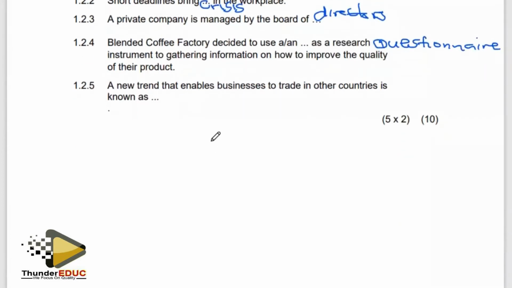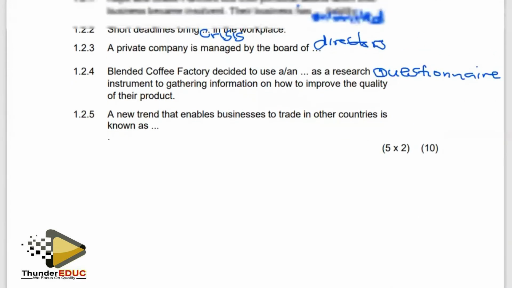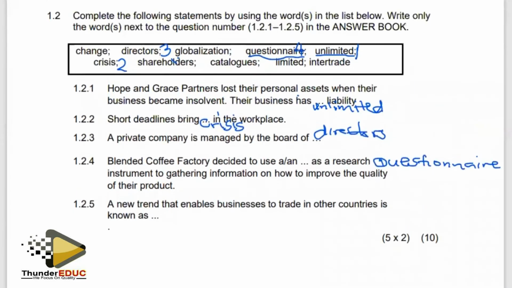A new trend that enables a business to trade in other countries is known as, yes, it is not shareholders, it is not change, definitely it's not a catalog, it is not limited, it is not intertrade.